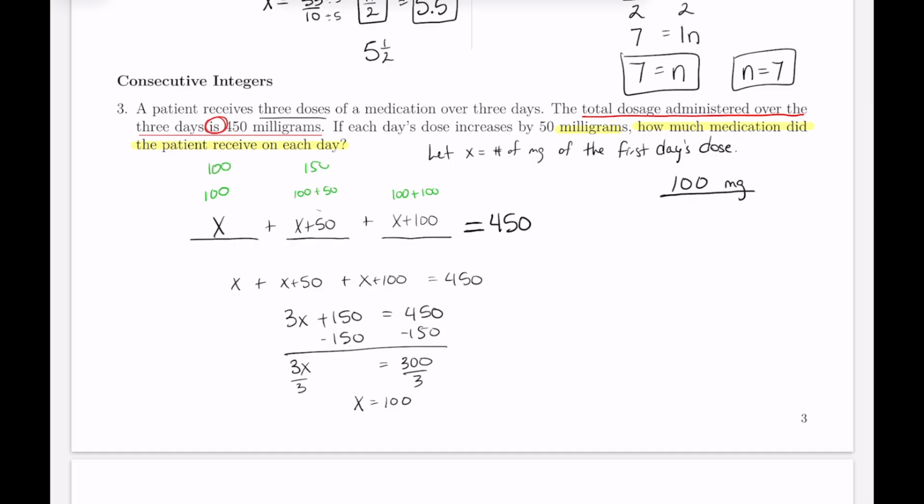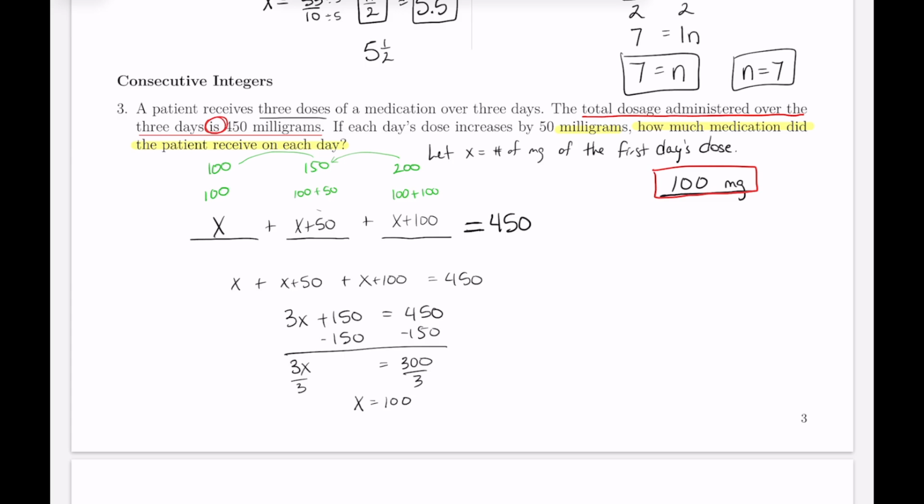This is 150. Notice it's 50 more than the previous day. And this one is 200. Notice it's 50 more than the previous day. Or in other words, 100 more than 2 days prior. They do add up to be 450, and then that's how we can verify that yes, this is correct. 100 milligrams is the first day's dose.